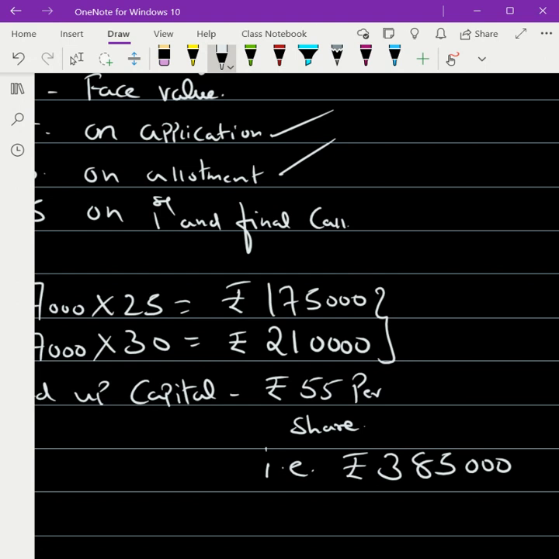Now are you clear how to find out the called up capital? Per share called up capital means how to denote it, and based on the number of shares, how to derive it. Any doubt in this as of now?